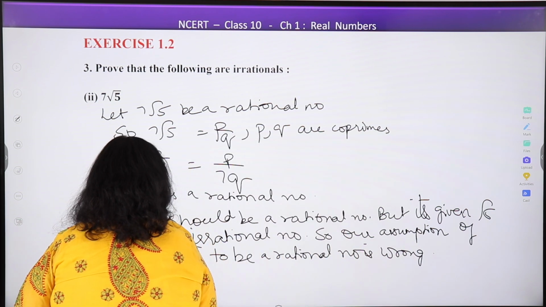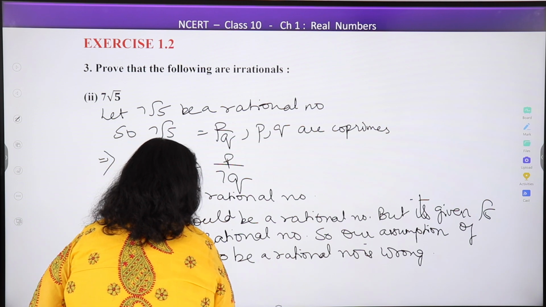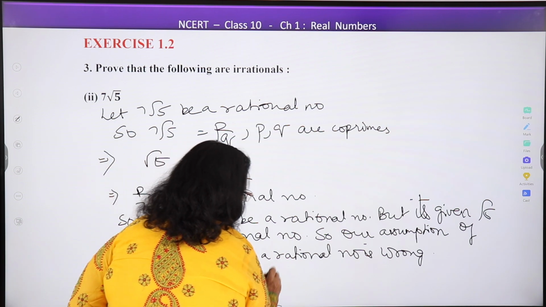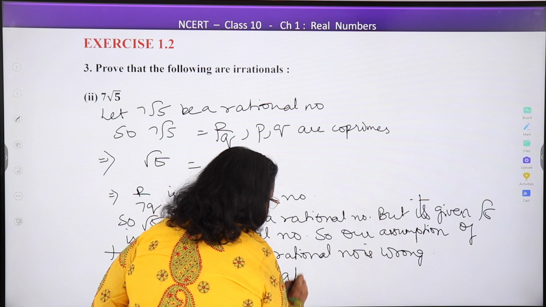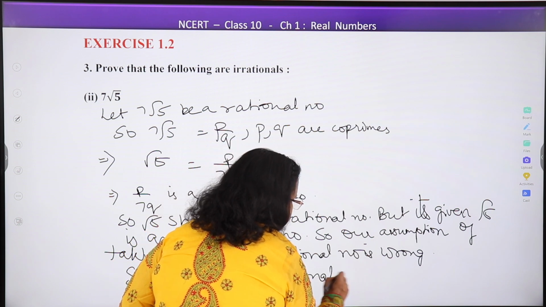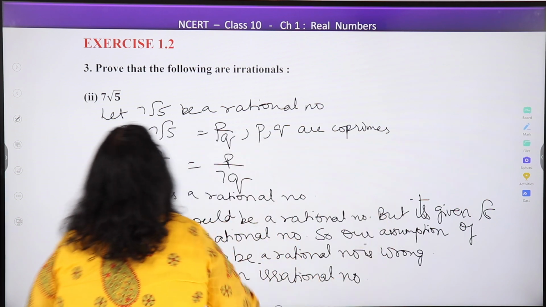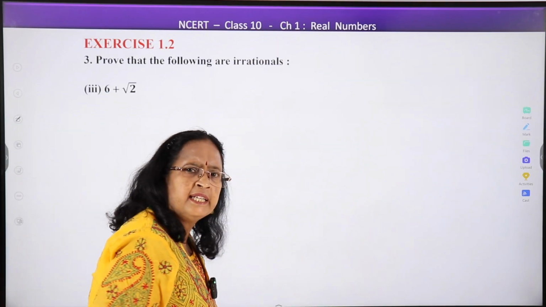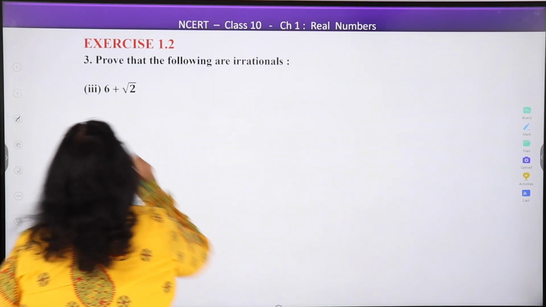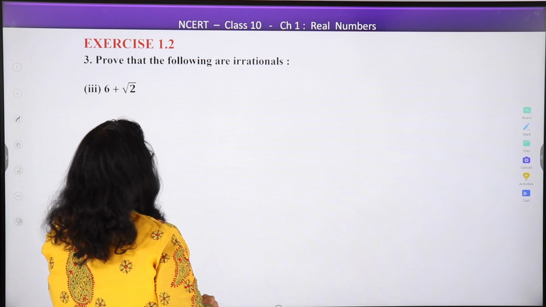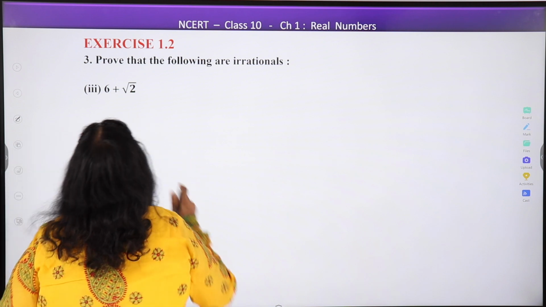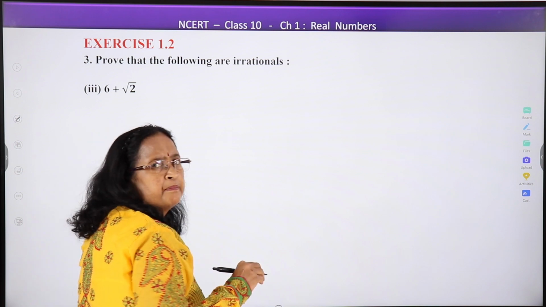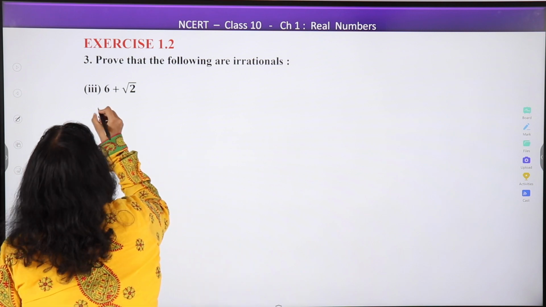So 7 root 5 is an irrational number. The next one, 6 plus root 2, exactly the same thing. It is an expression with a rational and an irrational number separated by an addition sign.